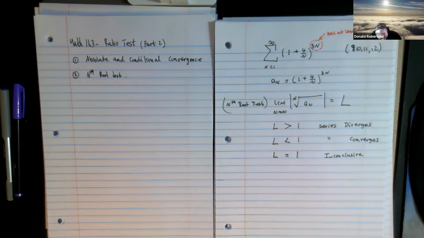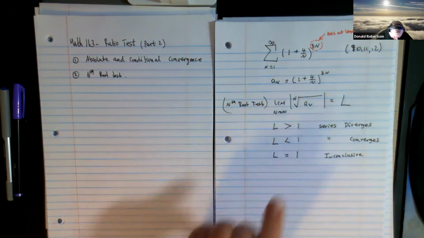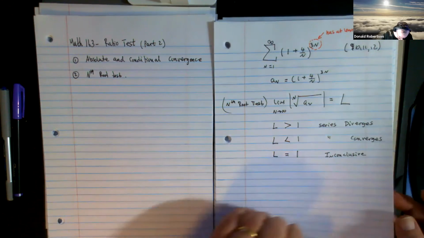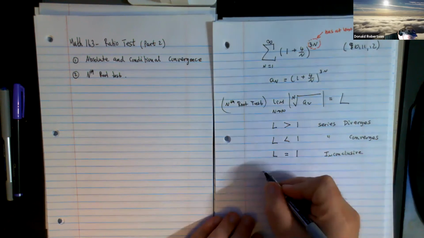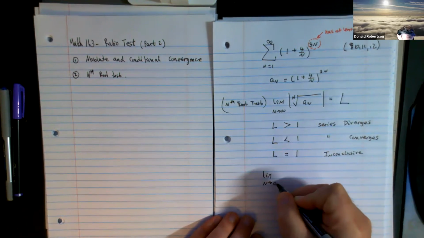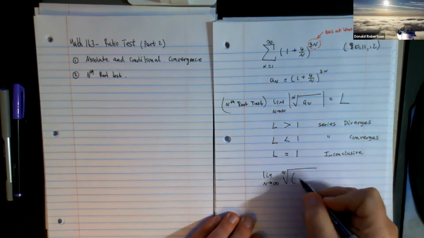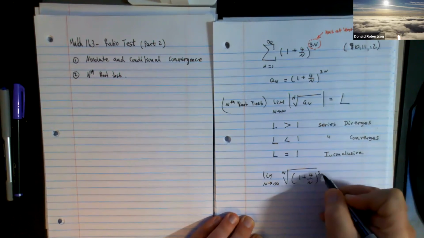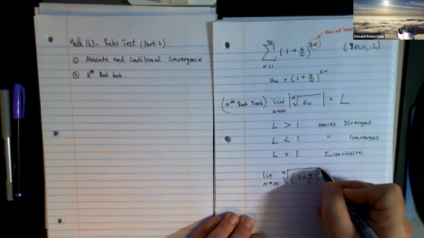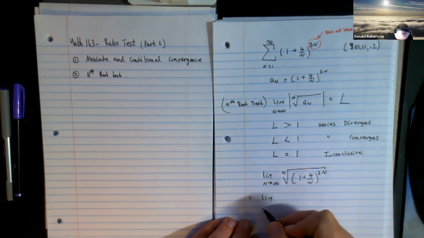And so what we need to do here is find the nth root of this guy. In this particular example, the limit as n tends to infinity of the nth root of this guy becomes the limit as n tends to infinity.